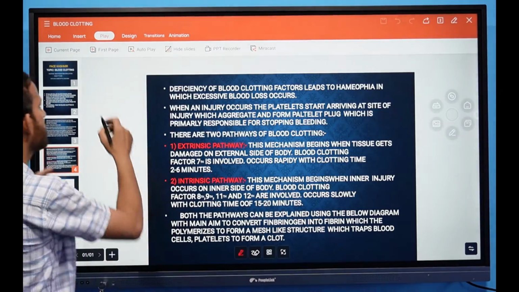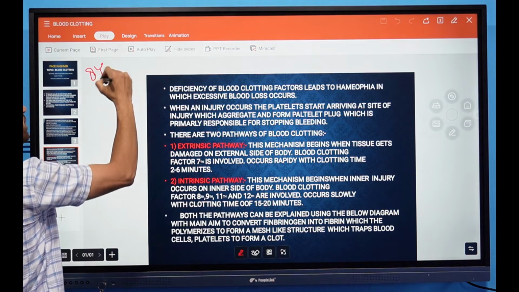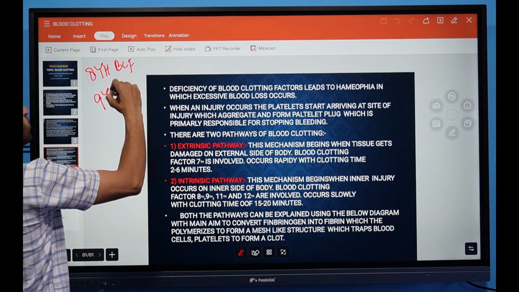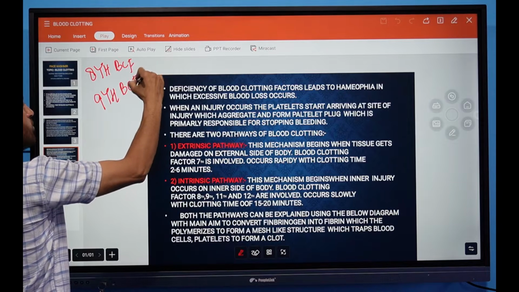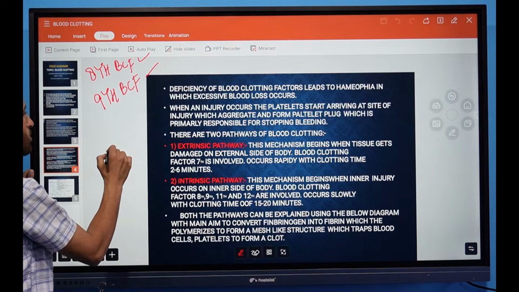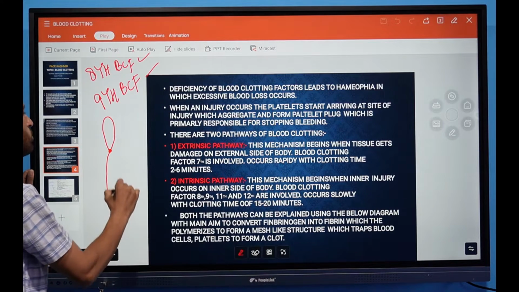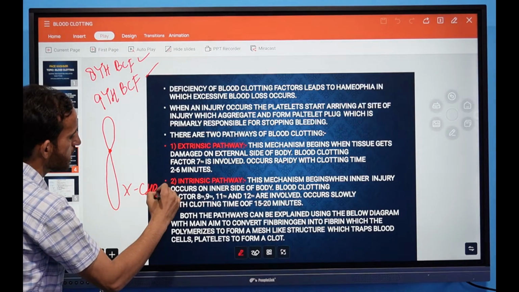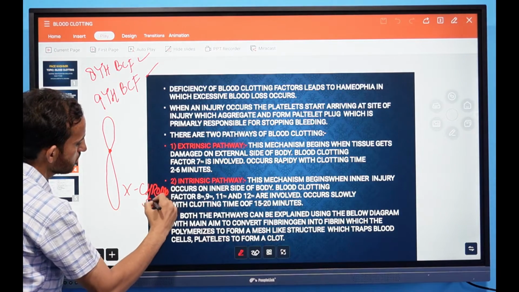The genes for the 8th and 9th blood clotting factors are present in a special chromosome, the X chromosome.